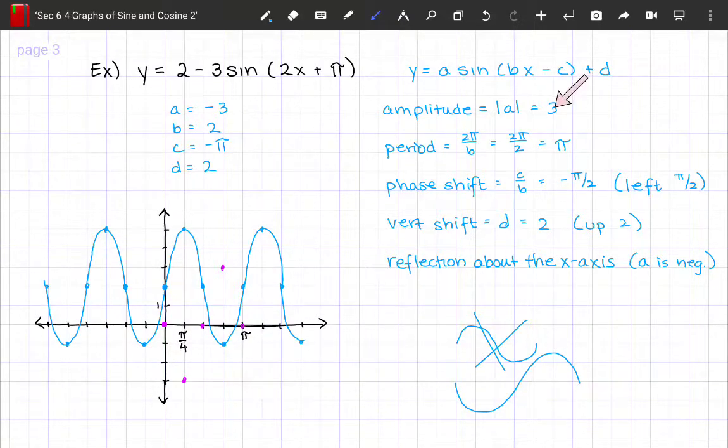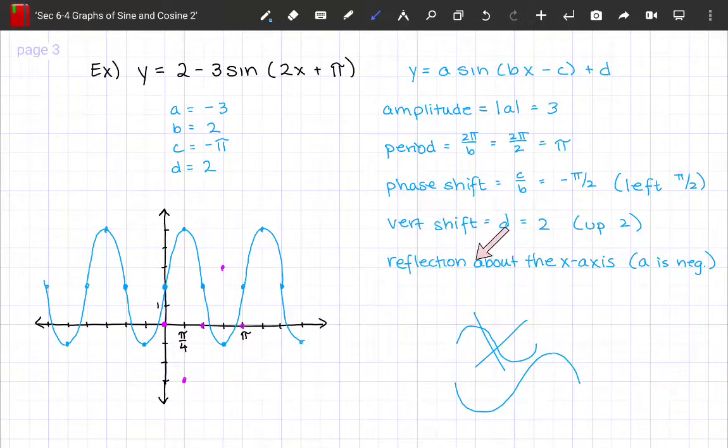And I'm going to go down 3 units. So from the origin, I go down 3 units, then back up 3 units, and then back down. And there is my S reflected in the x-axis. So this would be one period before any shifts.